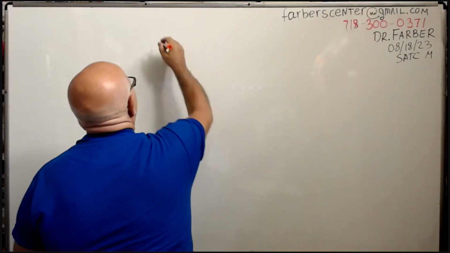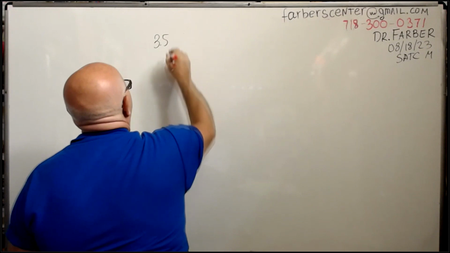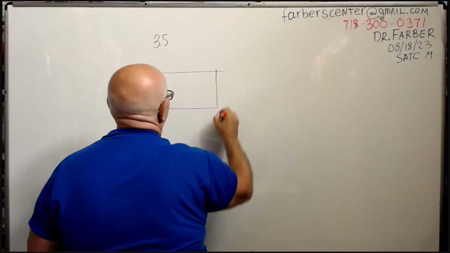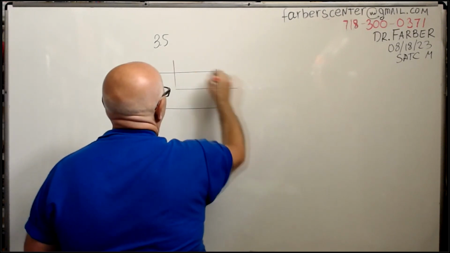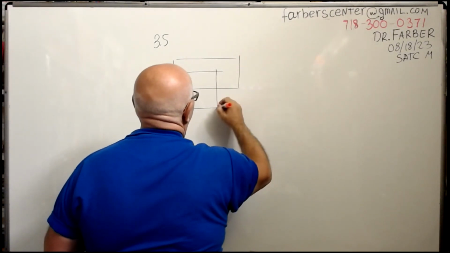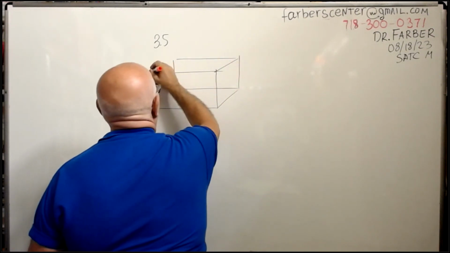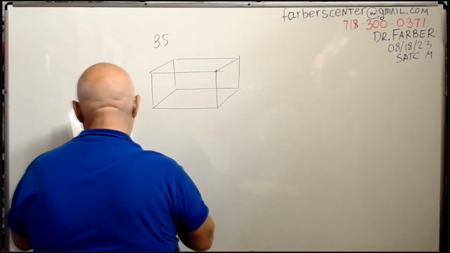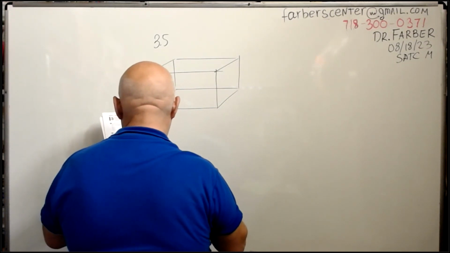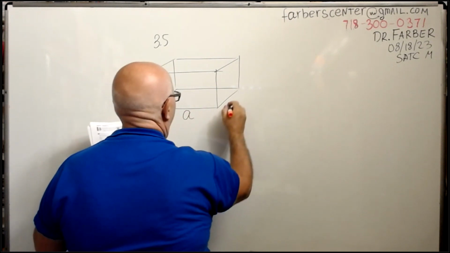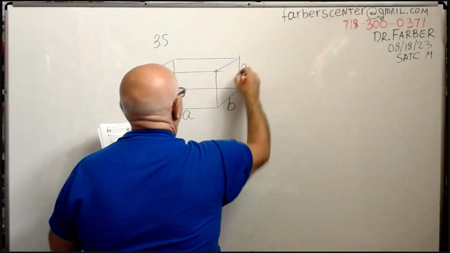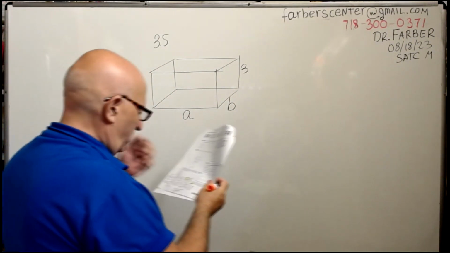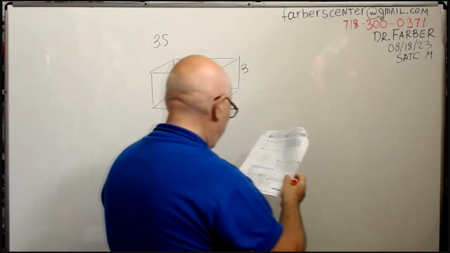And the dimensions of this prism are A, B, and 3. Which one cannot be, and they provide different numbers.